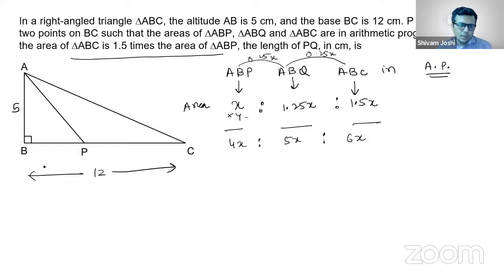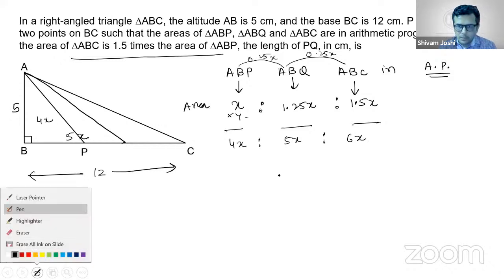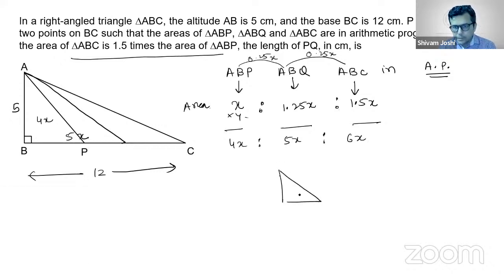Okay. Now, ABP has an area of 4X. Then ABQ has an area of 5X. And this has an area of 6X. Now, just a minute. See, this is 4X, correct?